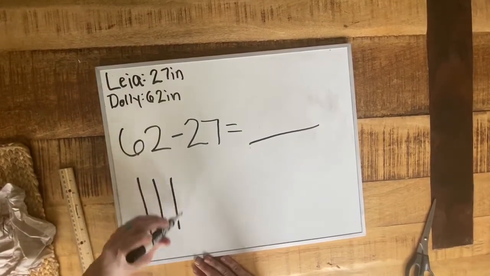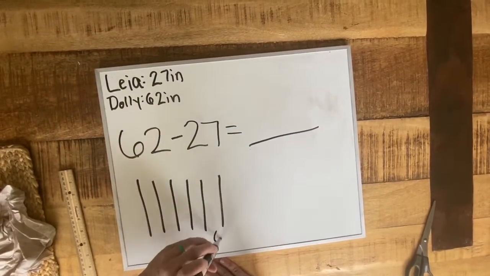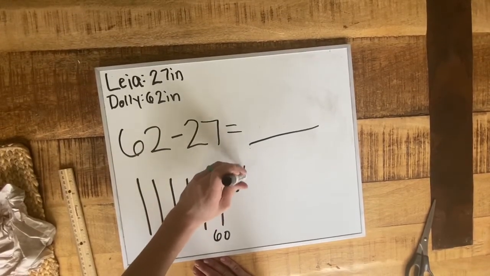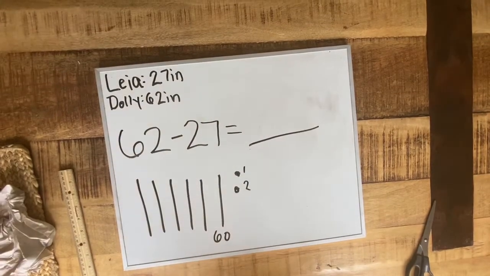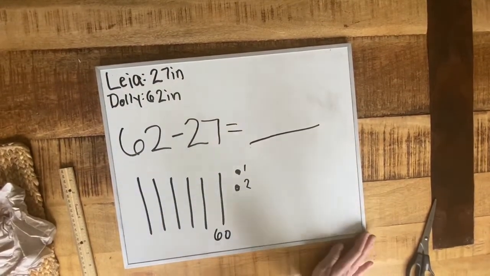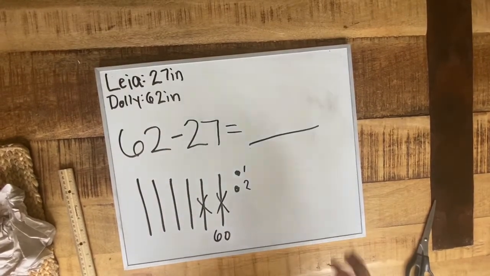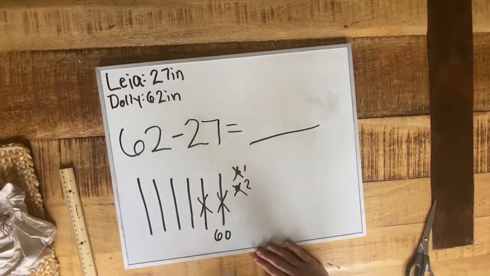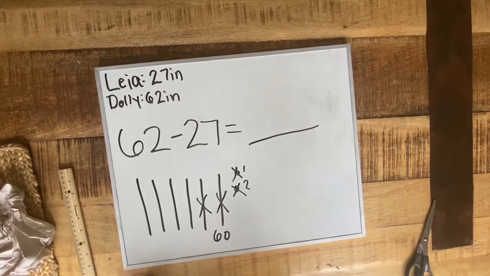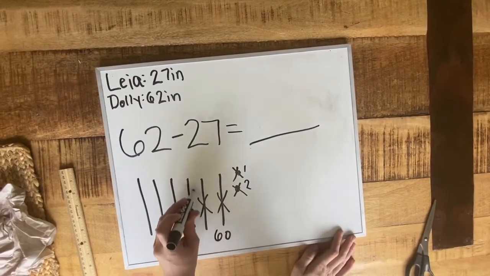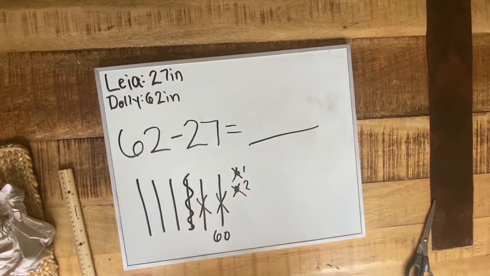10, 20, 30, 40, 50, 60 for the 62, and 1, 2. Okay, so let's go ahead and take away our 20, 10, 20, and we can take away 1, 2, but we still need to take away the rest of that 7. So I'm going to turn this 10 into ones.